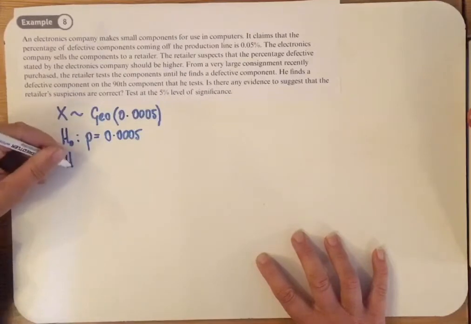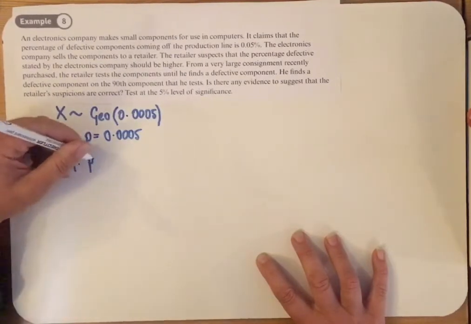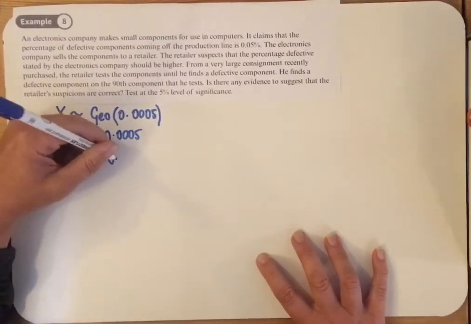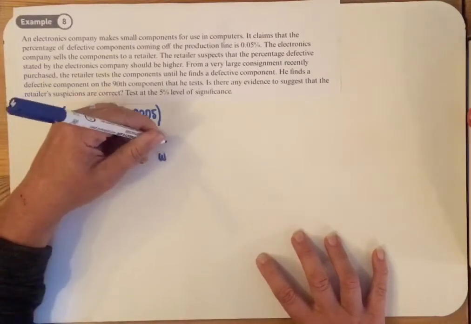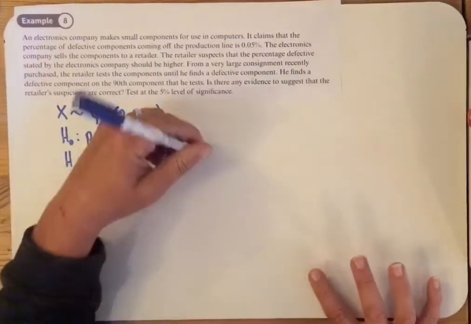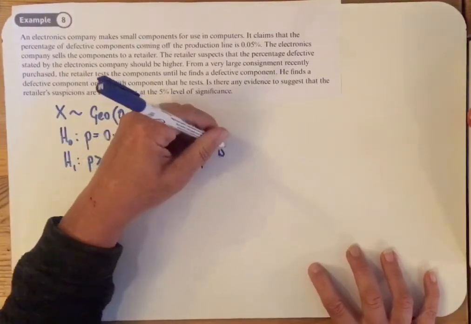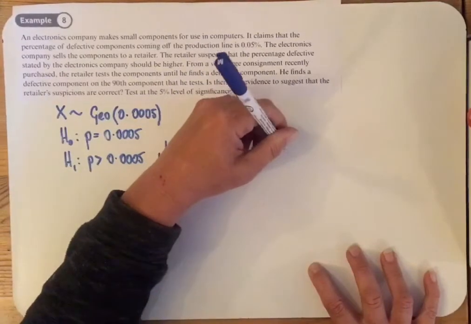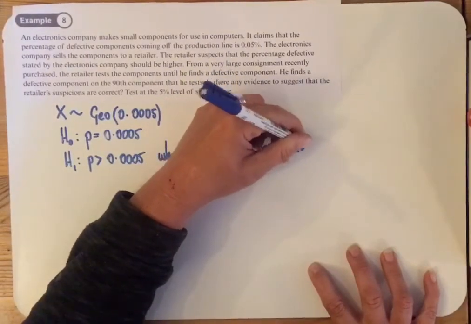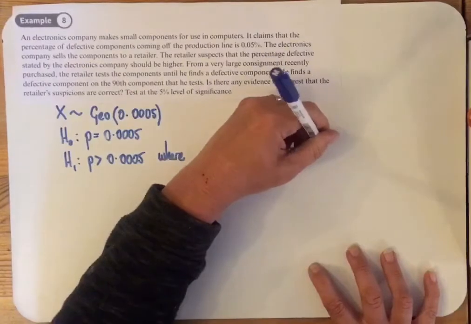The alternative is that p is bigger than 0.0005. And then define your parameter, where p is the probability a component is defective.